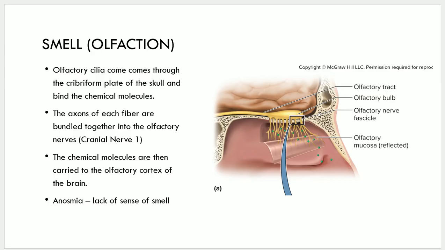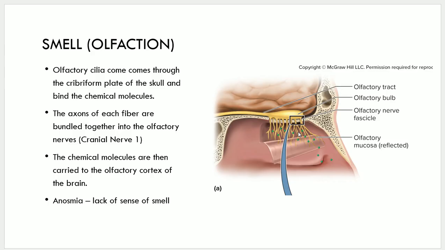Cribriform plate. We've got the olfactory bulb right there with the olfactory nerves coming off of it. And then we have a membrane right here at the nerve endings. When you're breathing and a smell wafts up there, those chemicals get picked up by the nerve endings right there, and then they get carried along the olfactory nerve to the brain, to the sensory cortex.